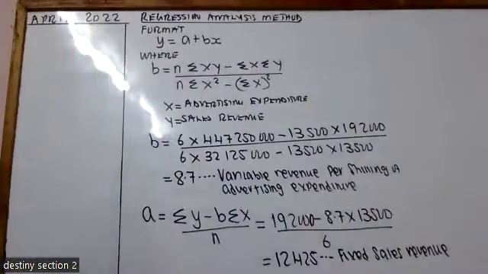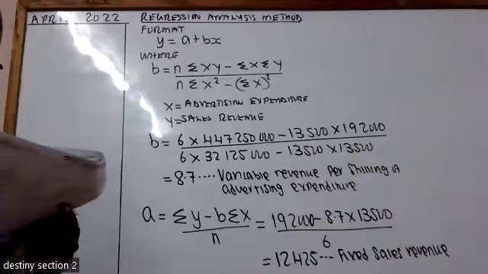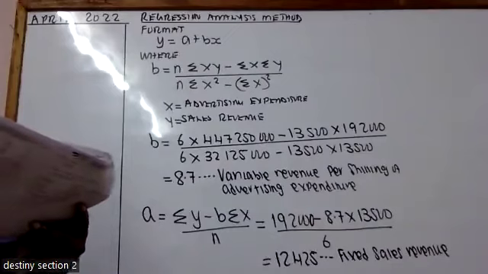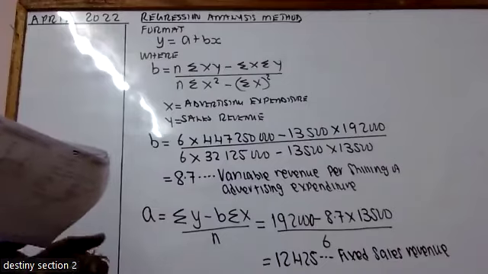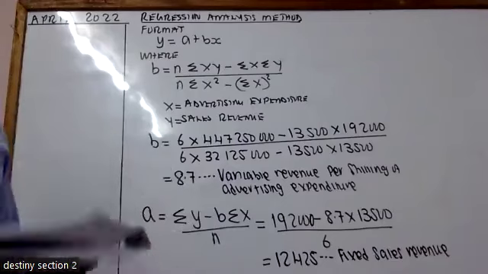So that's all that the candidate was supposed to do to earn those marks. There is part 2 of the question, I don't know how it is. Okay, let's go to the next one.